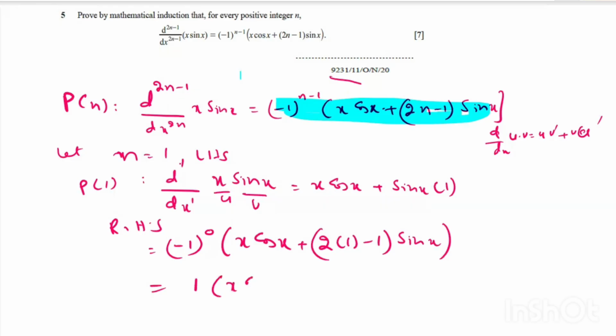Here x cos x plus 2n minus 1, it will be 1, sine of x. These are the same, so left hand side equals right hand side.